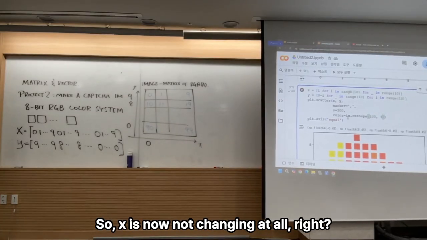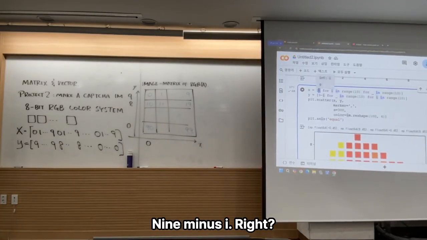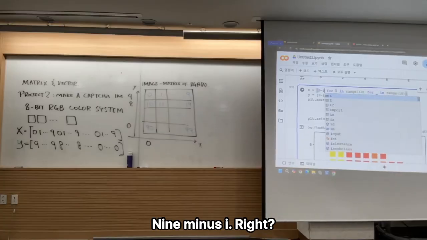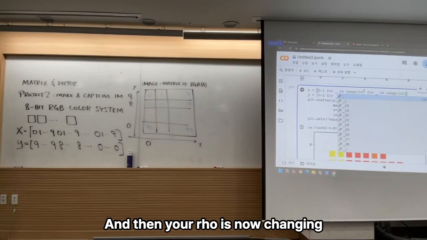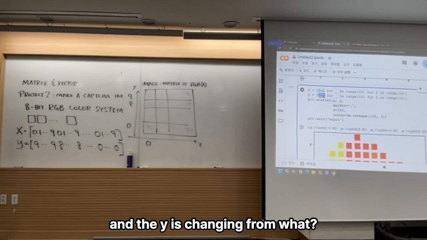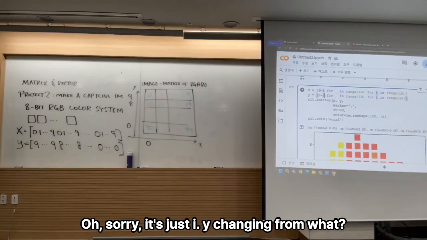So x is now not changing at all, right? Your row is now changing, and the y is changing from what? Oh, sorry, x is just I. Y is changing from what?